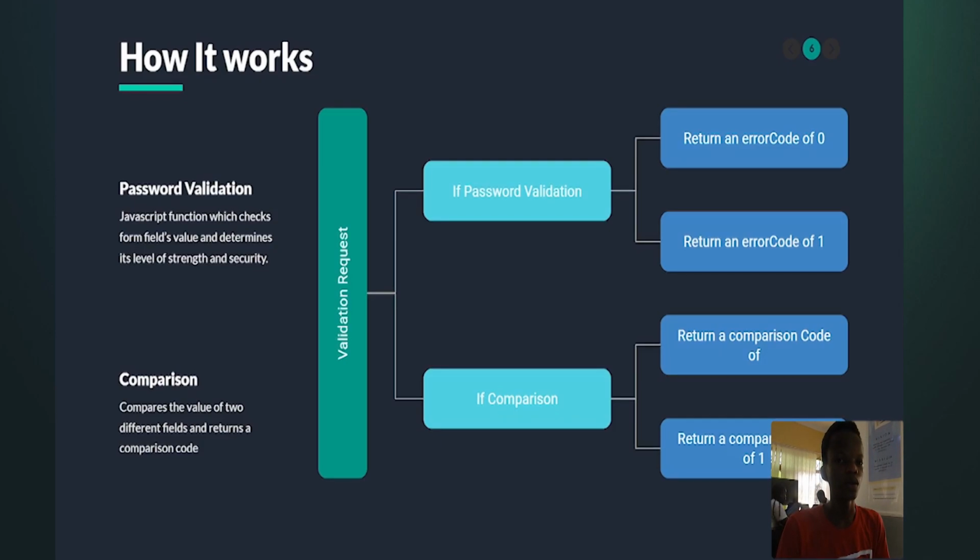When we request for validation, it returns an error code which is either 1 or 0 in four criteria: the length, the numbers in the password, symbols in the password, and whether it is used by many other users. For comparison, it also returns an error code of 1 or 0. 0 is for strong or allowed, accepted, and 1 is error.